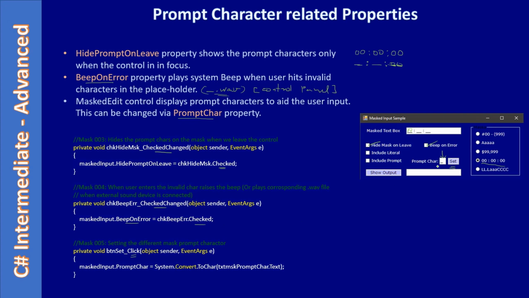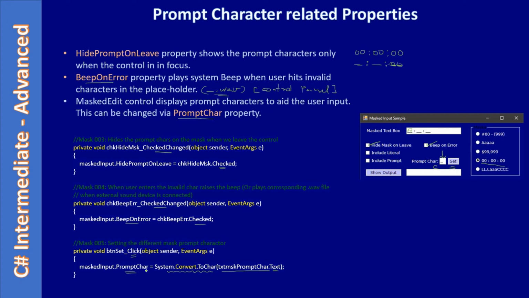Here we read the content of txt mask prompt char, that's the control name of this one. We are reading the text property, just like a normal text box, and converting that to a character.